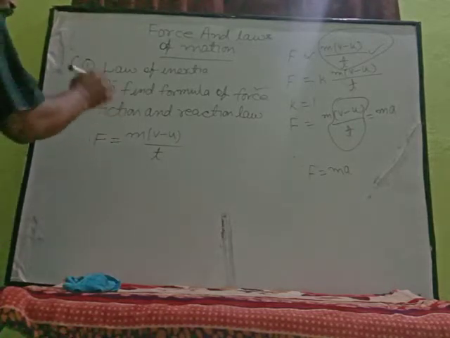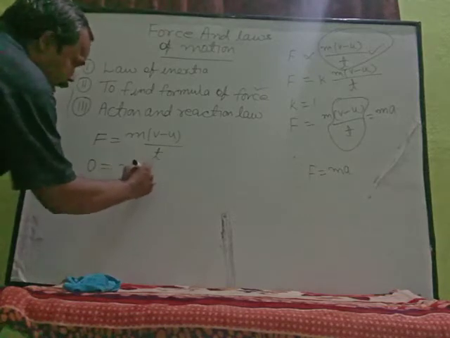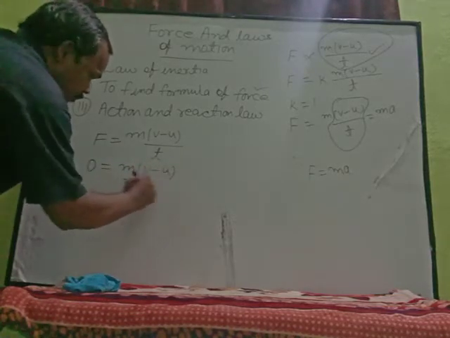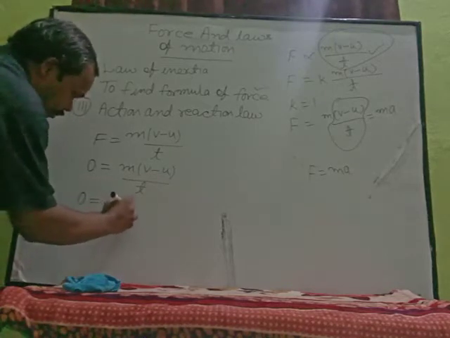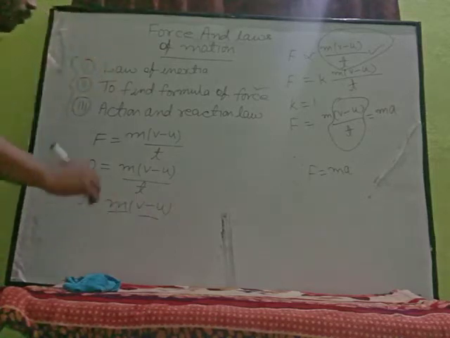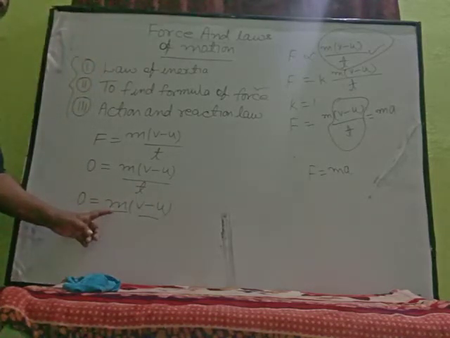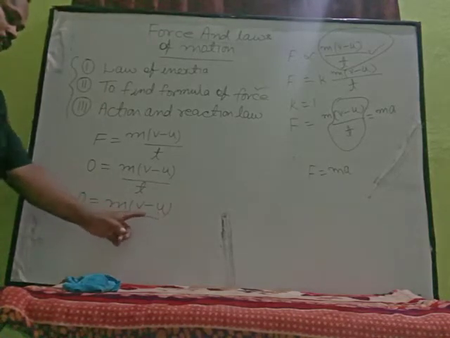Suppose initially no force is acting on the body, then F will be 0. Remember, now we have the multiplication of two quantities, mass and the difference in velocities, final velocity and initial velocity.